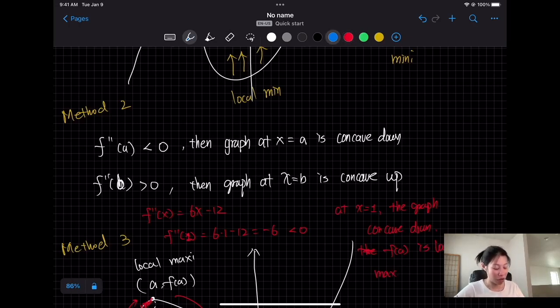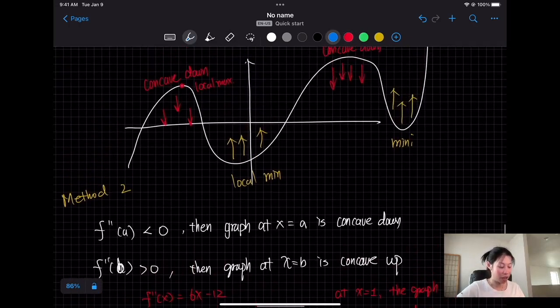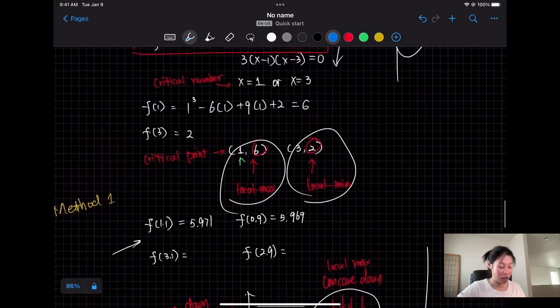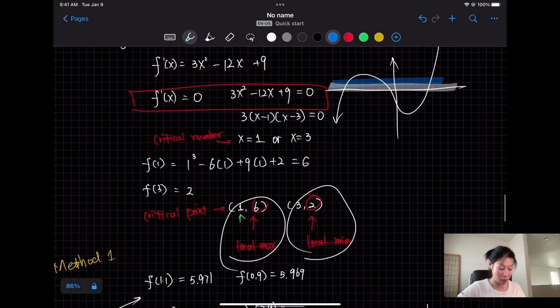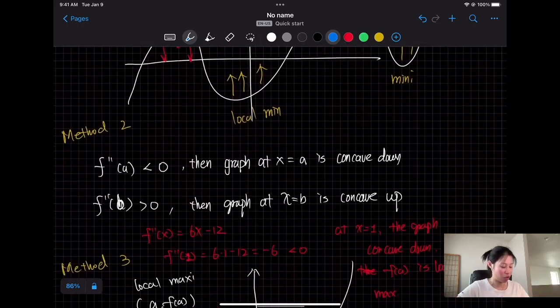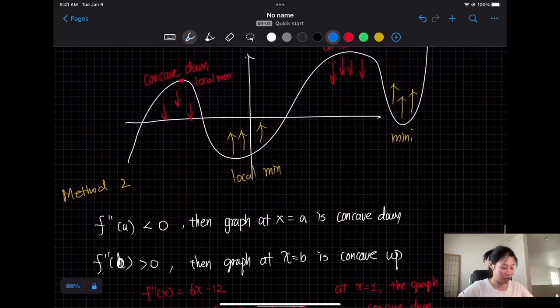We can use a similar idea to test if our second critical point is a local minimum or not. The second critical point is when x equals 3. So now we plug x equals 3 into our second derivative. We have 6 times 3 minus 12, so 18 minus 12, which is 6, greater than 0.